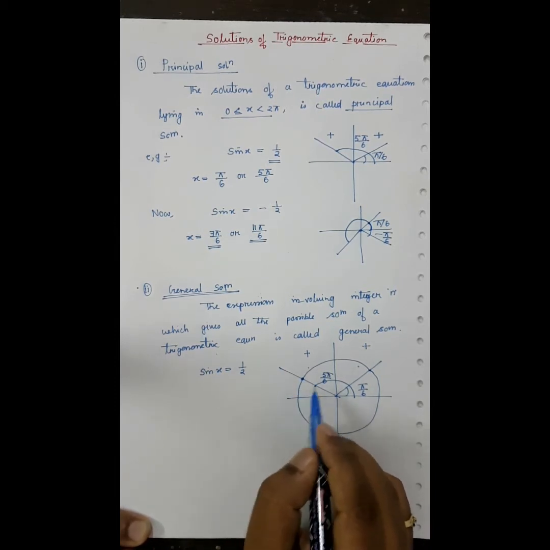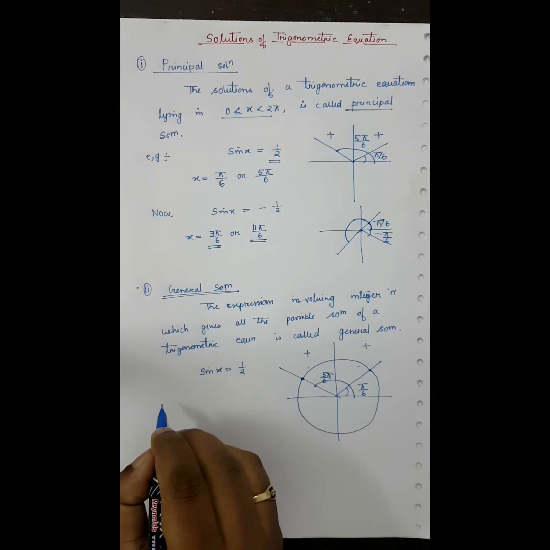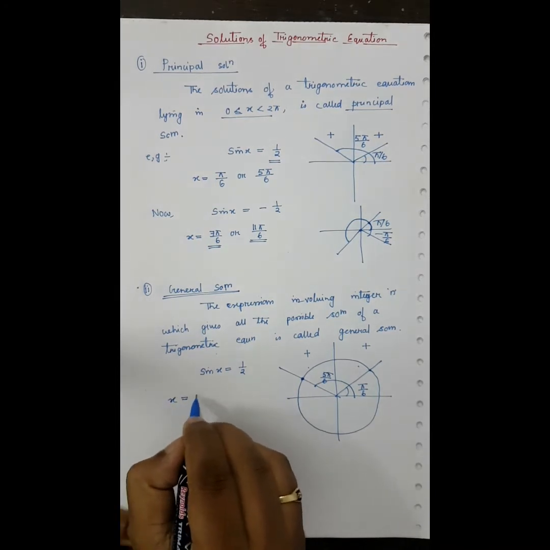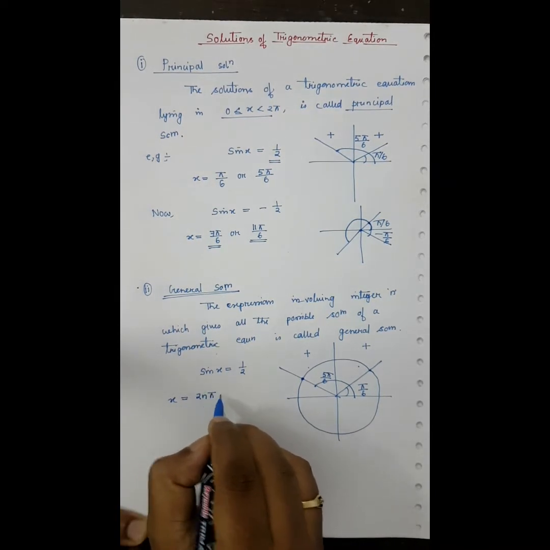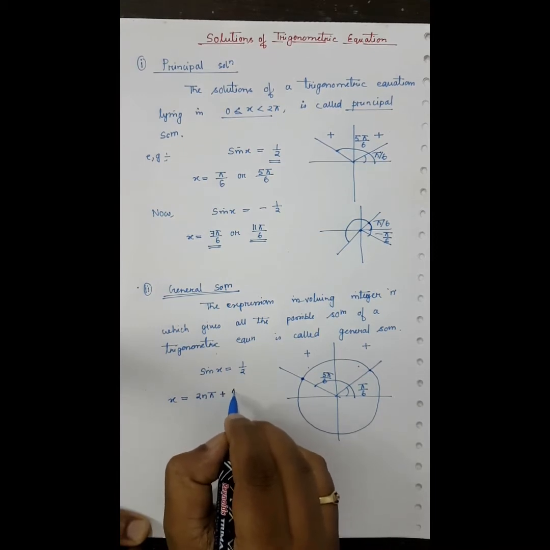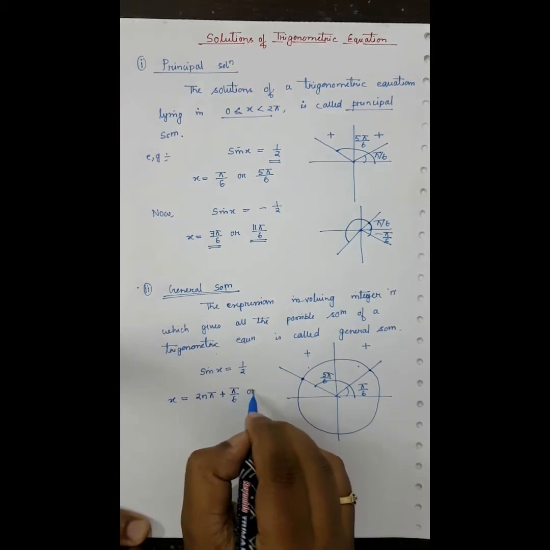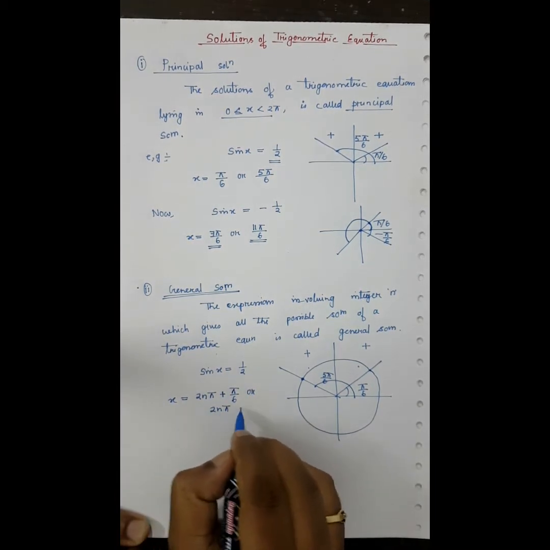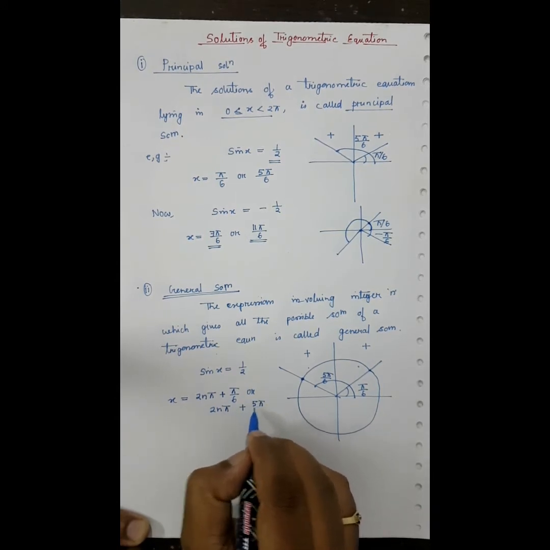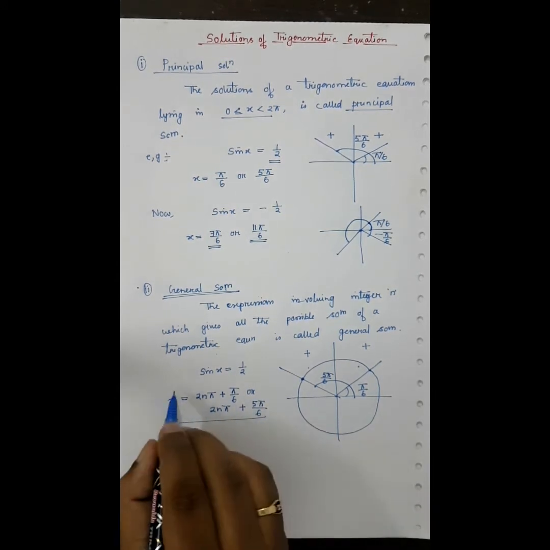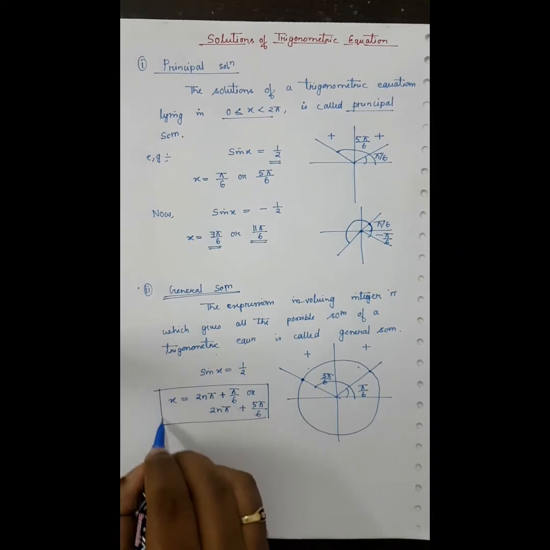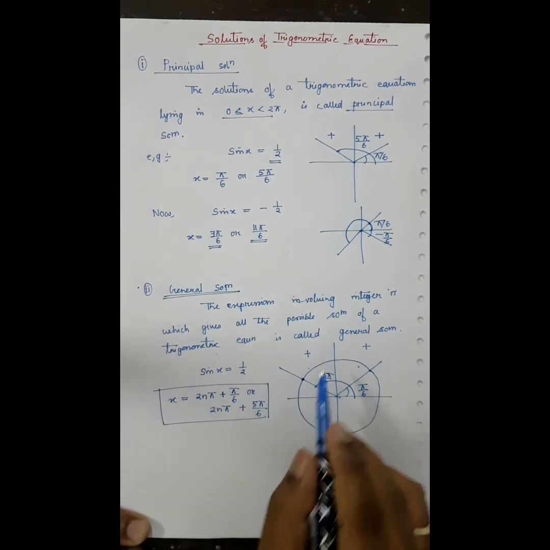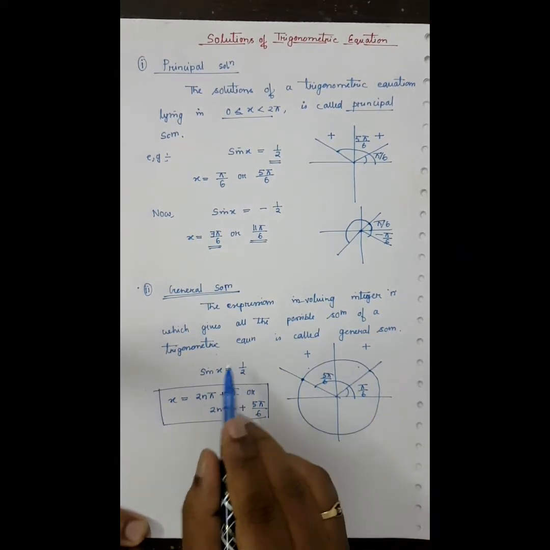So we can denote these points as 2n pi plus pi by 6 or 2n pi plus 5 pi by 6. After every twice pi interval, the value of sin x will always be equal to half.